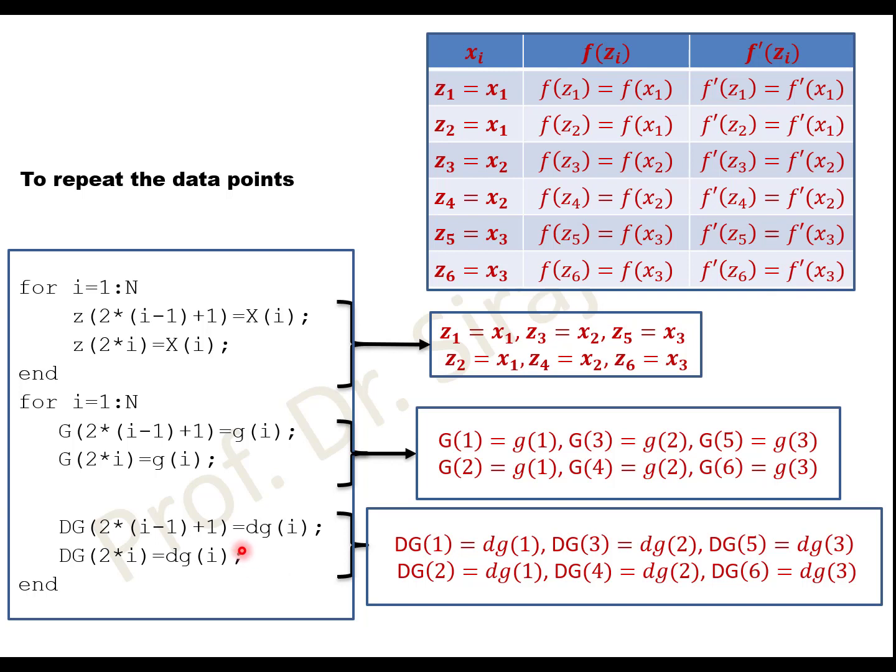So these two lines will generate the last column for you, which corresponds to the derivatives of the function. These two lines will generate the second column for you, which corresponds to the value of the function. And this loop will generate these entries for you, which correspond to the repeated values of the data points. Hope this will be clear.